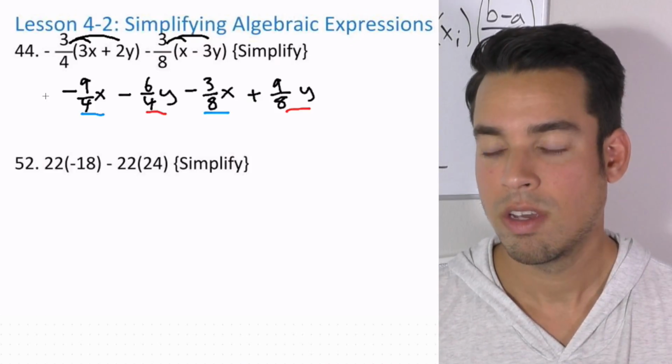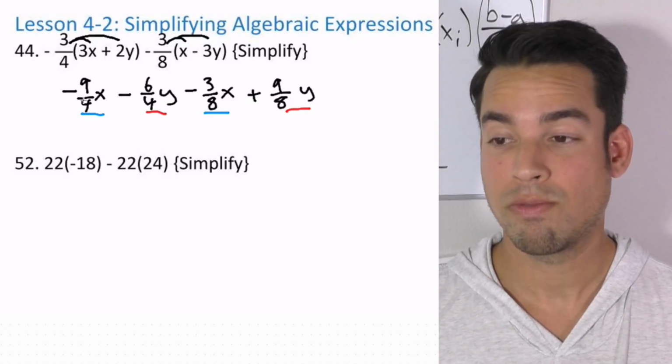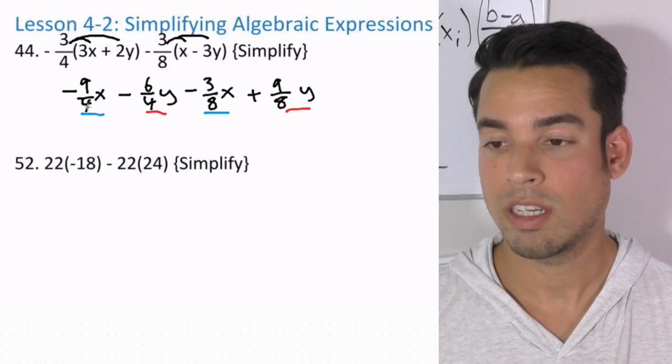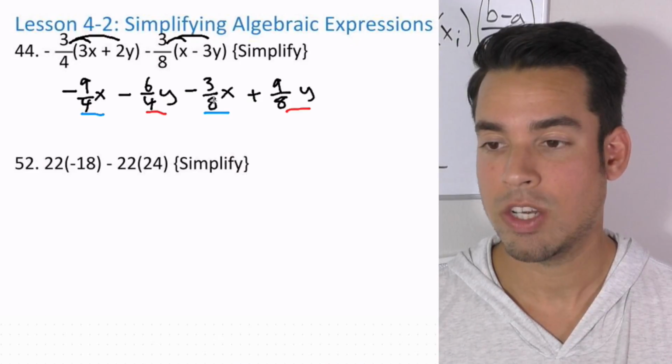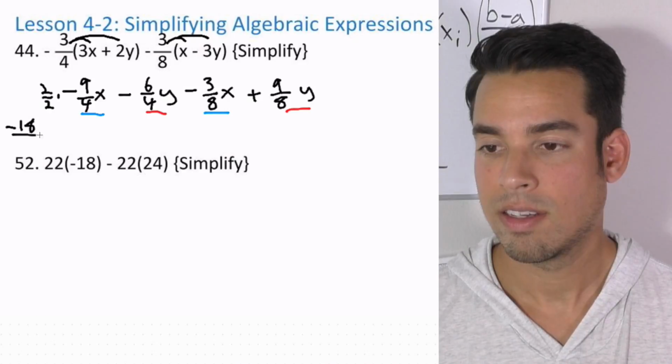So let's combine these. First, we've got to make these have the same denominators. So 4 and 8, we've got to change that 4 to get a matching denominator here. I'm going to multiply this guy by 2 over 2. So this becomes -18 over 8x, and then -3 over 8x.